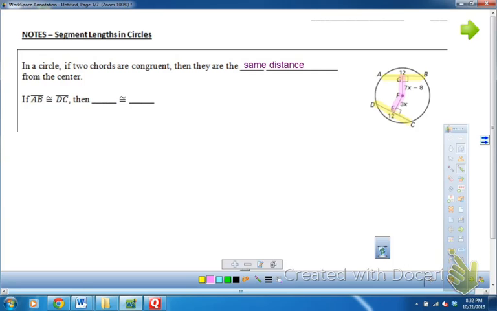Those two distances will be the same. So we're going to write what those congruent parts are, and those segments are FG and FE.